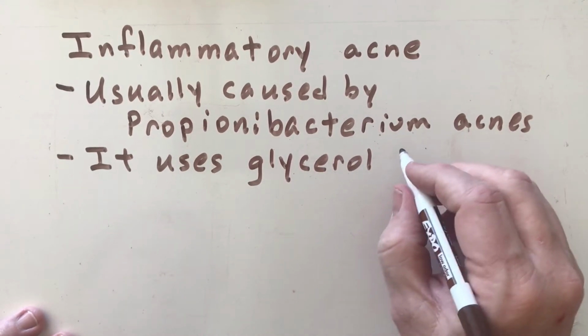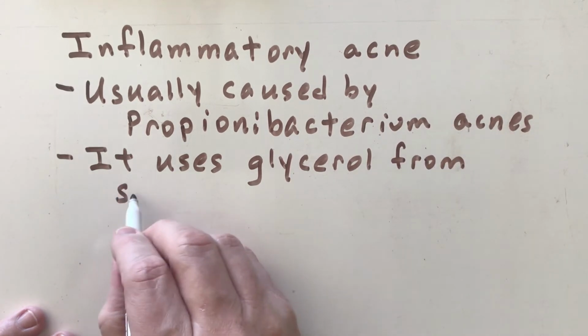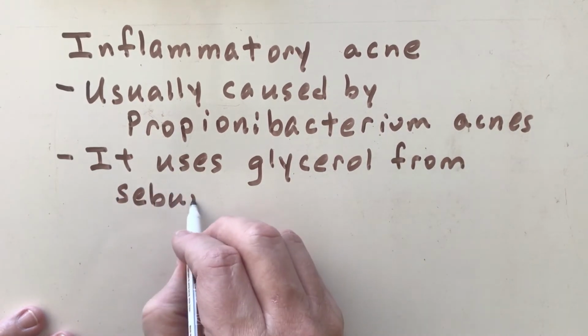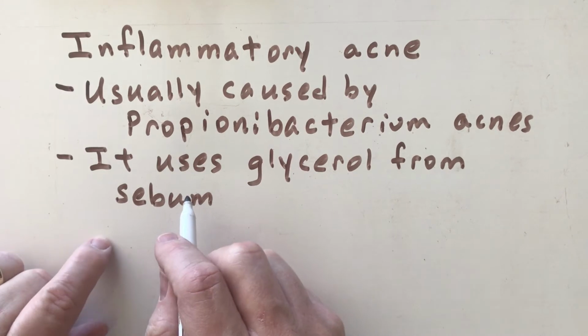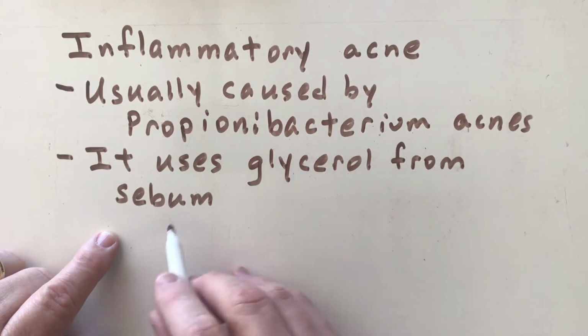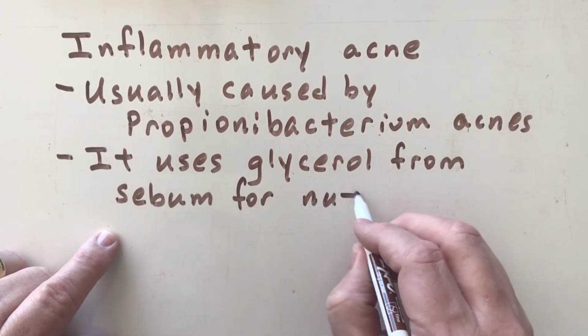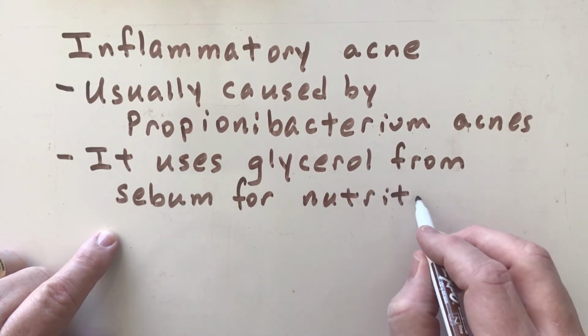And where does it get glycerol from? From sebum. Glycerol is an oil. And if you recall from the last video, we said sebum is the oil that is produced that actually gets on hair and gives you the oil in your hair. So it uses glycerol from sebum for nutrition. I guess I could have written food, right?